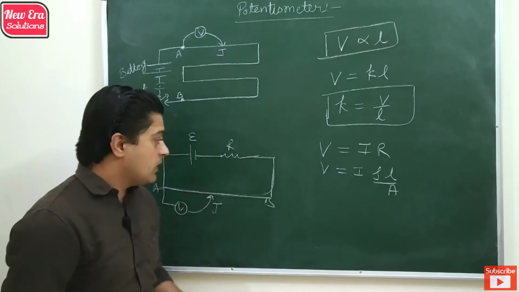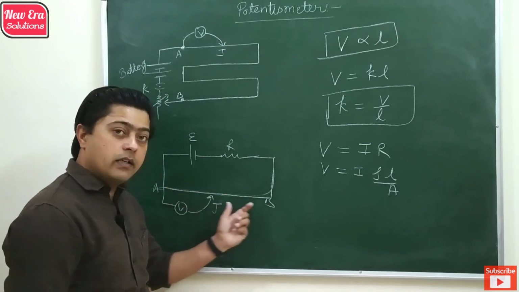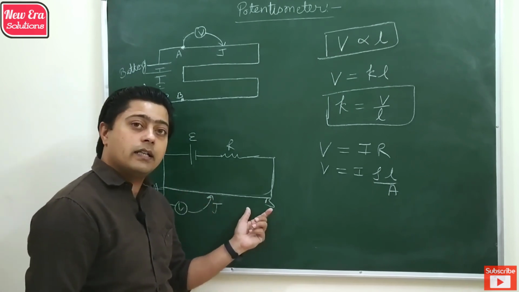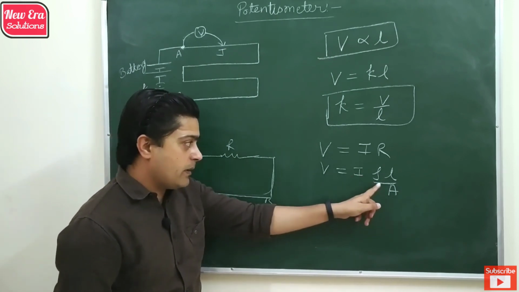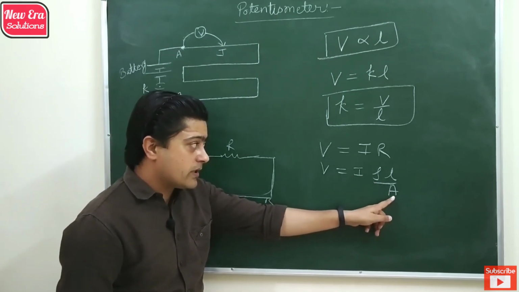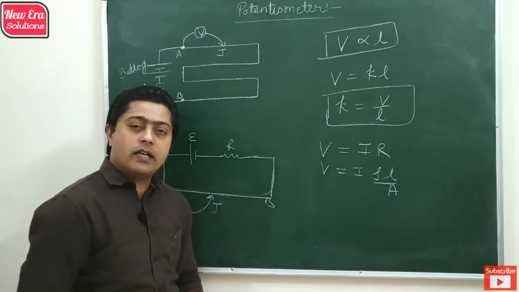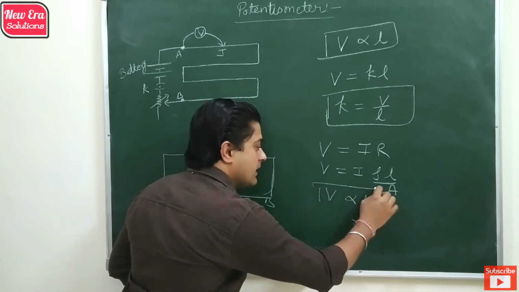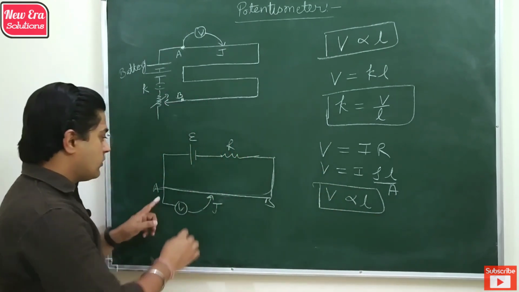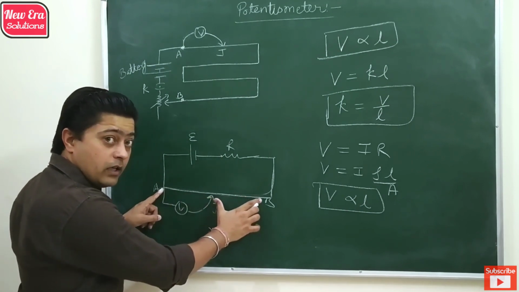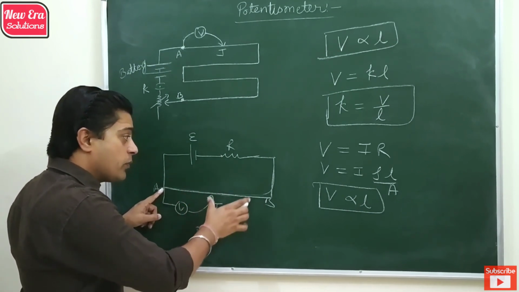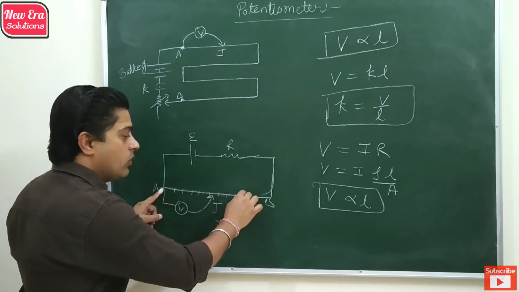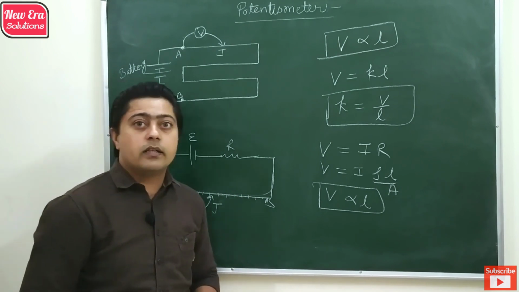So if we assume the cross-section area of the wire is the same throughout and the current flowing through the wire is the same, and the material of the wire is the same, in that case the potential is proportional to the length of the wire. So the more length you cover from a fixed point, the more potential you will get, because the total potential is spread all over the wire of the potentiometer.